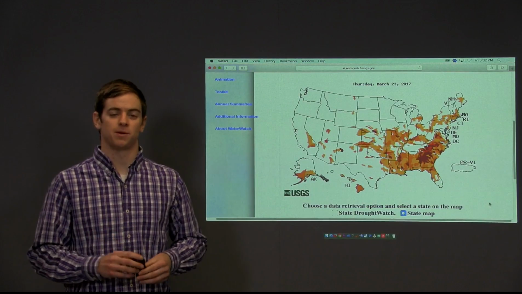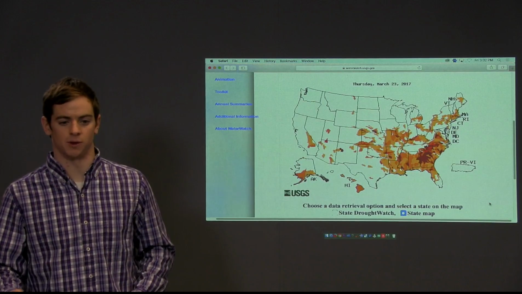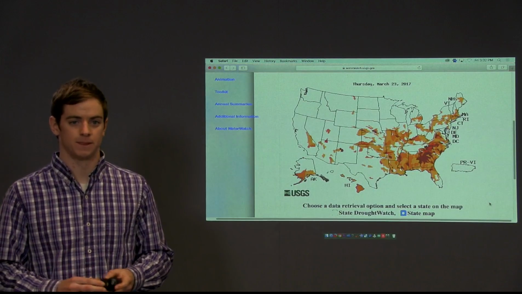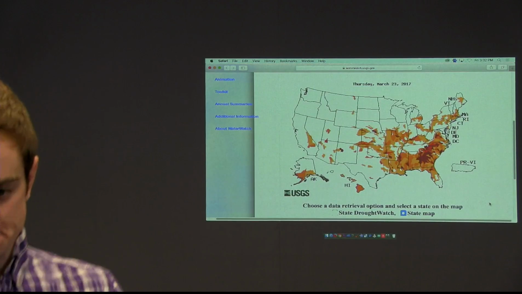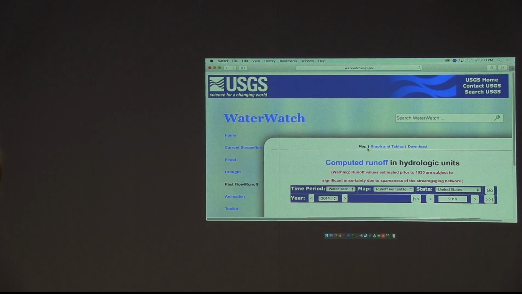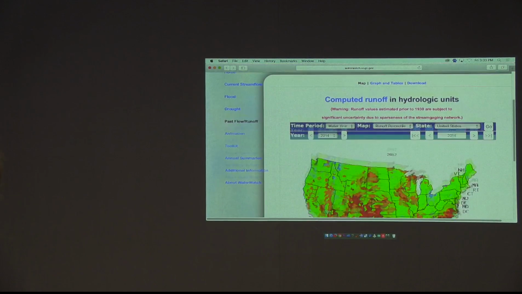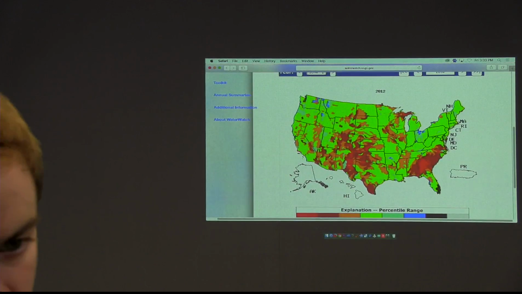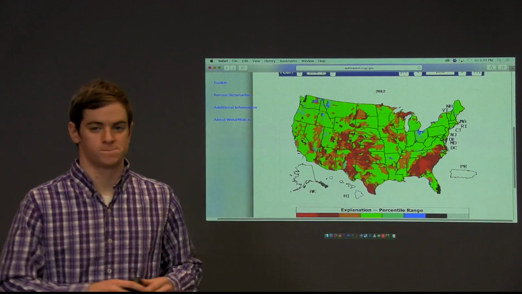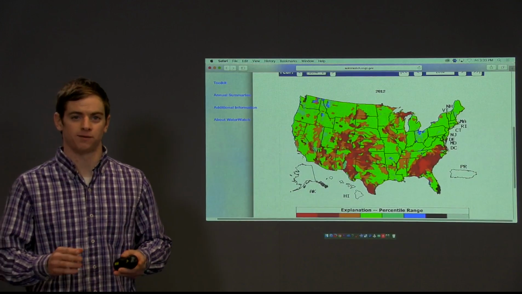Now, the last map I'm going to talk to you about is about stream flow and how it affects an area. This is a map that depicts runoff.